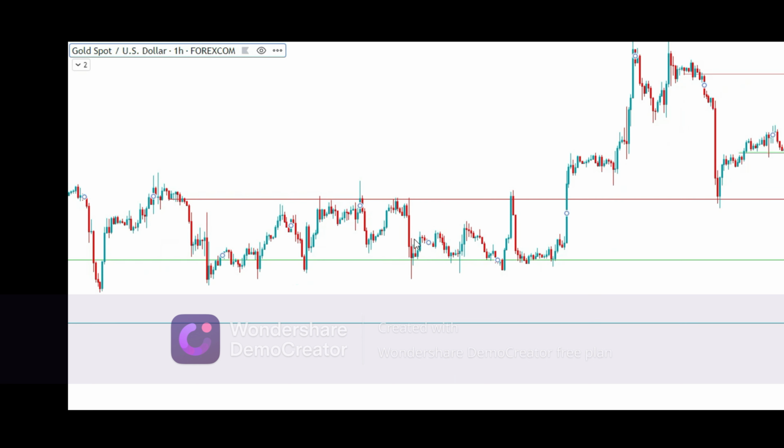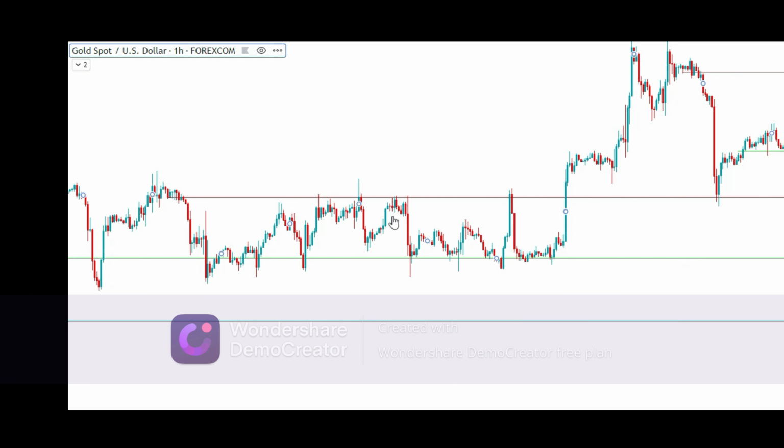And these sellers were hoping that the market was going to drop down, they were trying to get into the market in the hope that it would drop. But at the end of the day, the market stopped them all out.